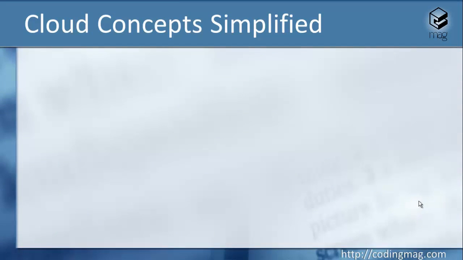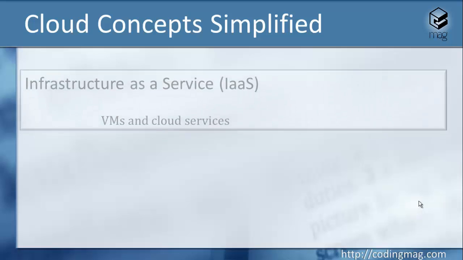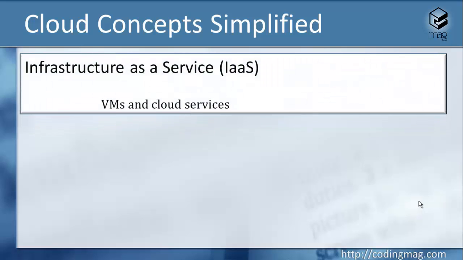For simplifying the cloud concepts, actually there are three concepts in the cloud. One is infrastructure as a service. Simply, this is renting some VMs and some cloud services from a cloud service provider. I think there's nothing more to tell about it.